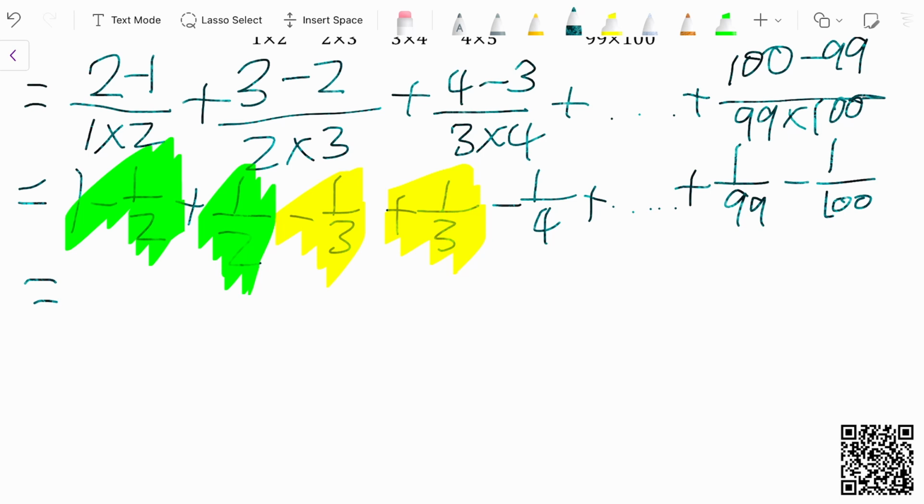This negative 1/2 and this positive 1/2 even out into literally nothing. Then this positive 1/99 would even out with the negative 1/99 that comes before it. And all you're left with is the first number, which can't simplify with anything, and the last number, which also can't simplify with anything.